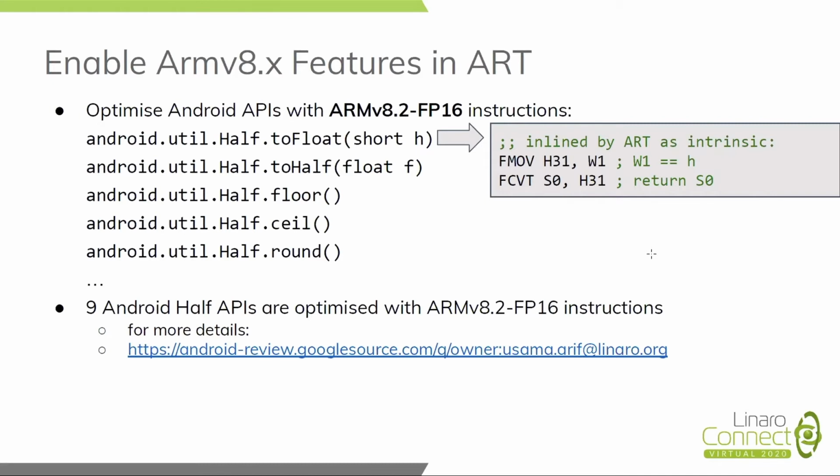Currently we have 9 Half APIs optimized using FP16 instructions in this way. I would like to thank our colleague Usama, who implemented all these optimizations. If you're interested, you can click on the link and see all the optimizations we've done using FP16 instructions.